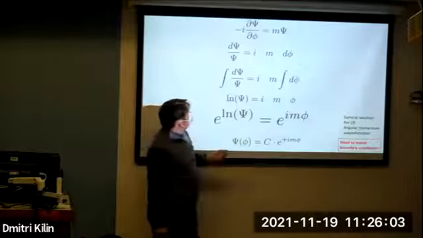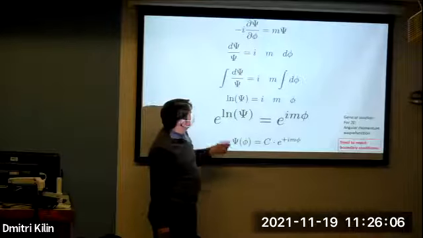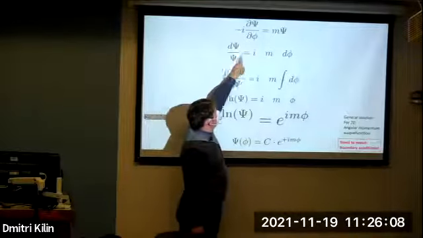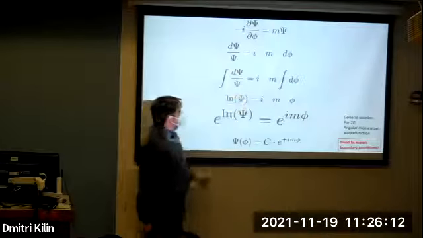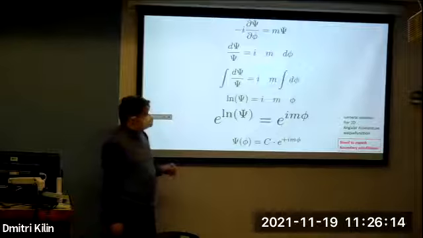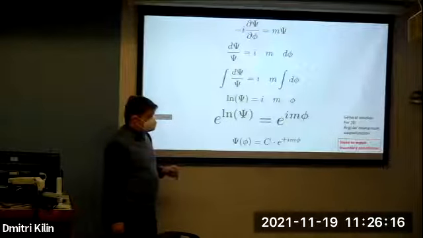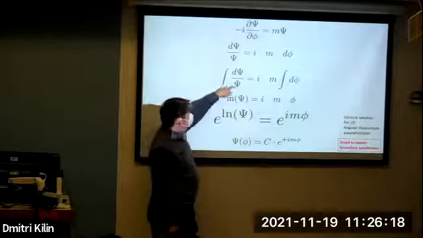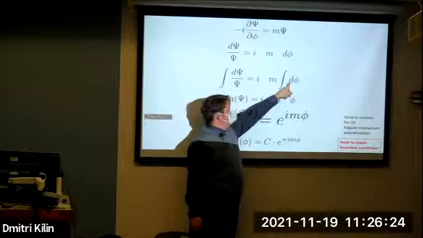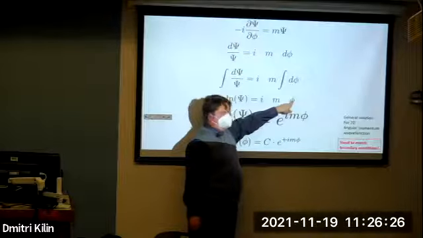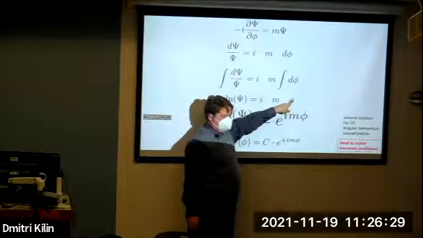So if you divide left and right by function and multiply left and right by increment of the independent variable, we can integrate left and right parts, right? And then on the left, we'll have integral of 1 over function as logarithm. On the right, integral of constant will be independent variable, correct?